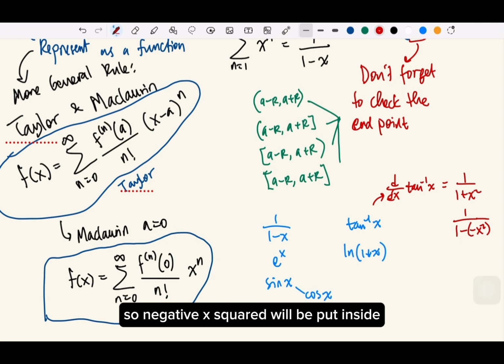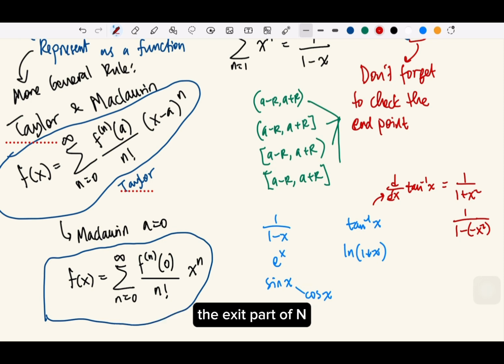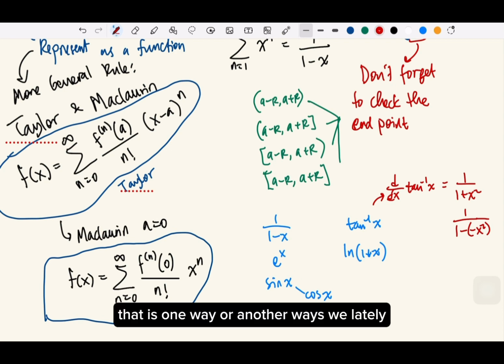So negative x squared will be put inside the x to the power of n. So we get the power series, and then to get the tangent inverse, we need to integrate this. Okay. That is one way.